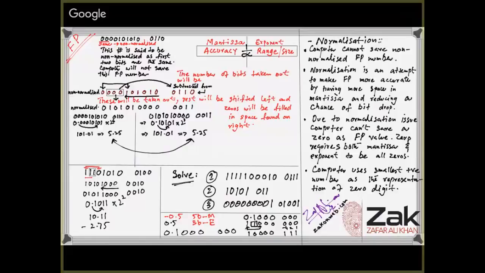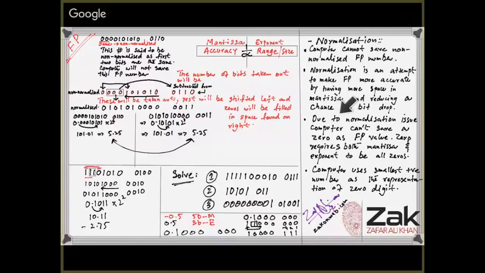So what is normalization? Normalization cannot save a non-normalized floating point number. Normalization is an attempt to make floating point more accurate by having more space in the mantissa and reducing a chance of bit drop.